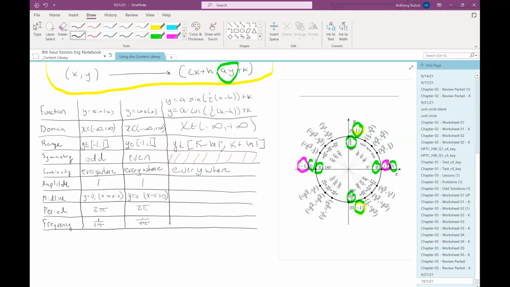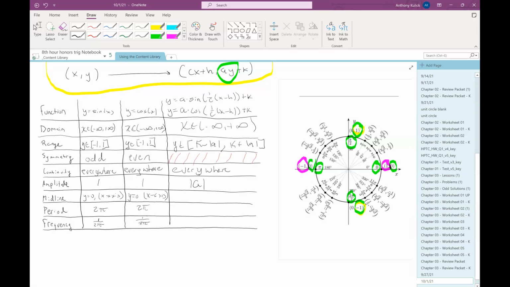Yes. What type of transformation is going to affect the amplitude? Vertical what? Stretch or shrink. Very good. Which was controlled by which coefficient? A, and that A operates multiplicatively. So my new amplitude would just be the absolute value of A.